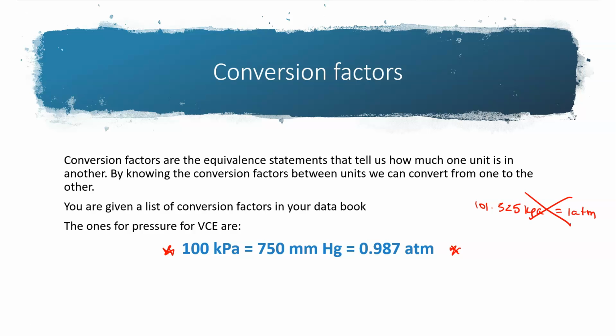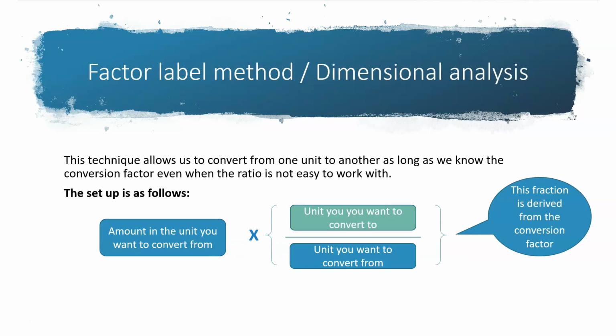So this is the main conversion factor that we want to use, and then we want to be able to convert interchangeably if we're given atmospheres, millimeters of mercury, pascals or kilopascals into any of the others as the question requires. So this method is called a number of different things, the factor label method or dimensional analysis. You'll often see it used in a lot of American unit conversions.